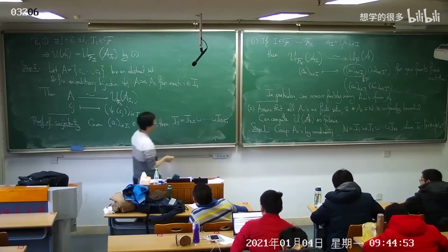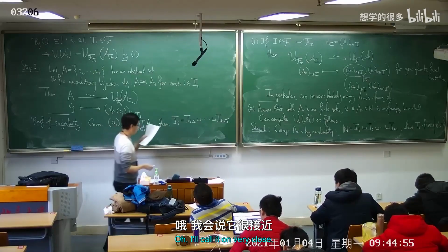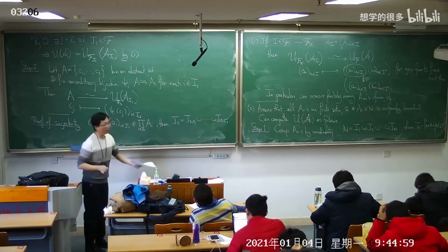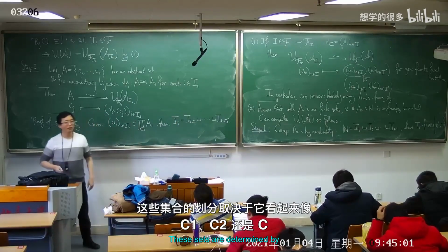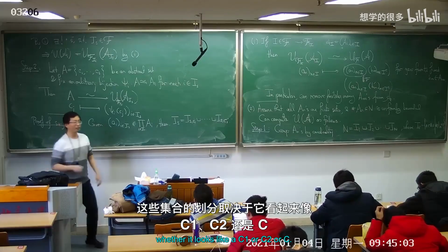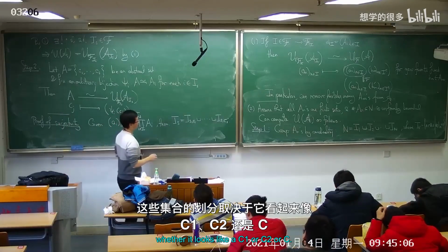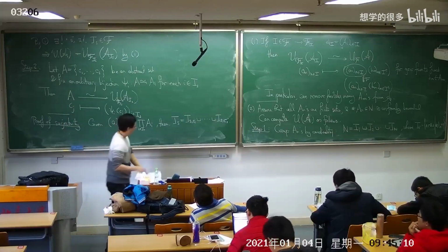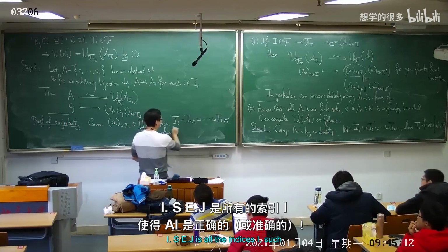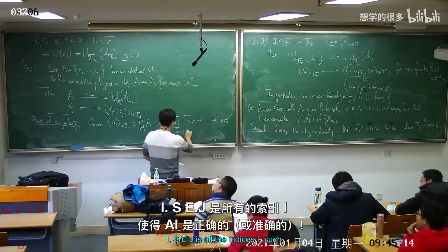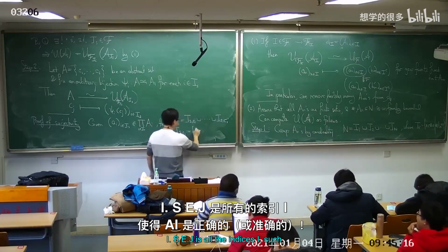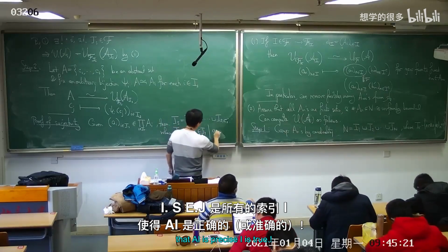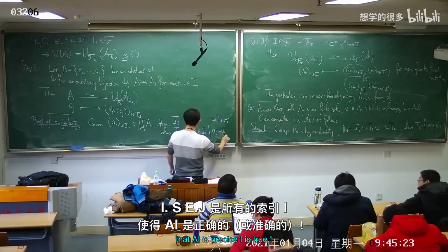I'm going to call them IS,C1 to IS,CS. These sets are determined by whether the sequence looks like C1 or C2 or CS, where IS,CJ is all the indices I such that AI is psi I of CJ.